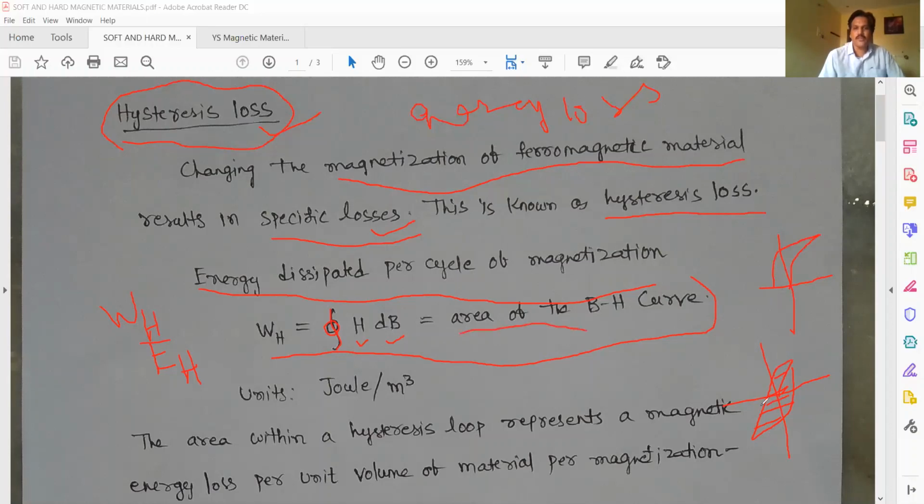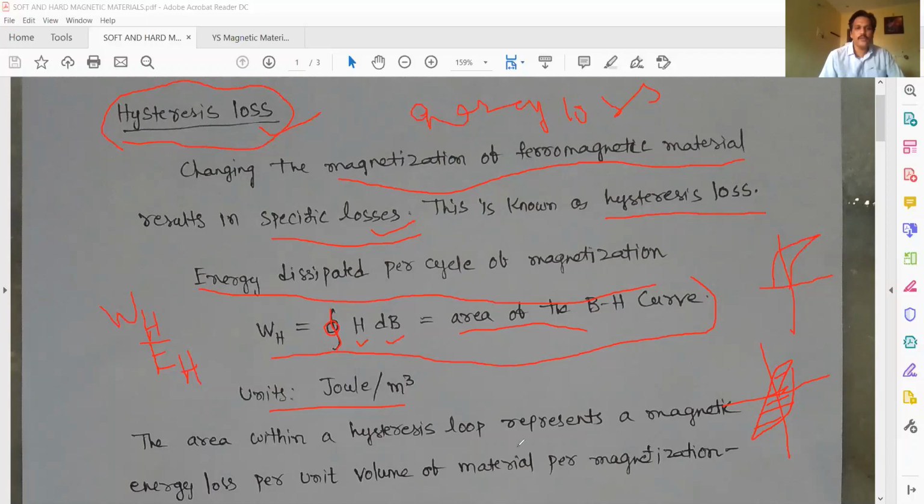Its unit is joule per meter cube. The dissipated energy is dissipated in the form of heat. So WH is equal to the closed integral of H dB.